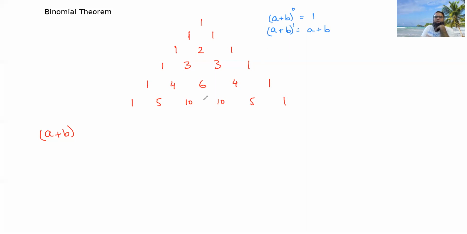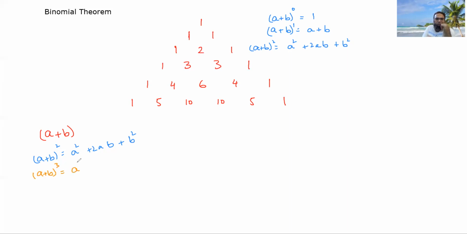Okay? And then let me expand here, a plus b whole square. That is a squared plus 2ab plus b squared. So this is a plus b whole square. I'm writing it here. This is a squared plus 2ab plus b squared. And if I expand a plus b whole cube, now you must be wondering what is happening here.